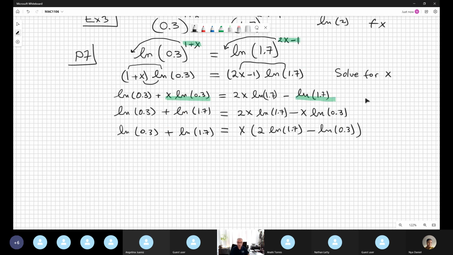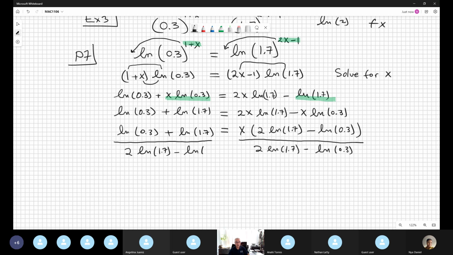Now the only thing you should do is divide both sides by this expression, 2 ln 1.7 minus ln 0.3. At the right-hand side you have only x, because that is exactly what I want, and you have this complicated expression, but I want a simplification. Don't worry too much.